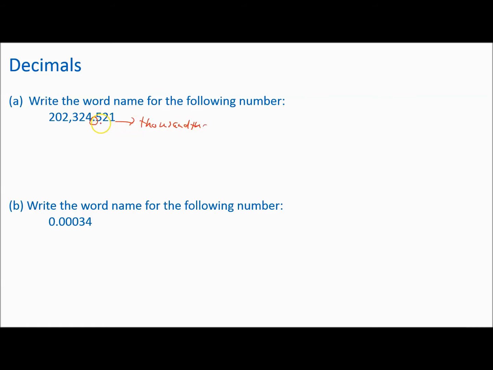So that would be "and 521 thousandths." Okay, so I'm going to write that down.